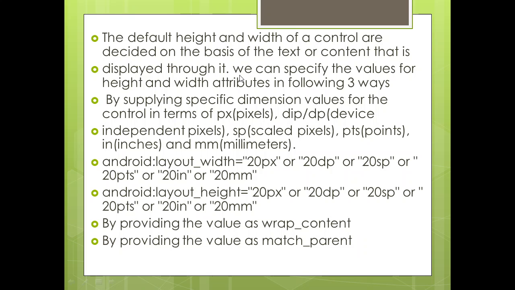We can specify values for the height and width attributes in three ways. The first is by specifying dimension values for the control in terms of pixels, device independent pixels, scaled pixels, points, inches, millimeters, etc. For example, android:layout_width equal to 20 px or 20 dp, where dp is device independent pixels, or 20 sp, 20 pt, 20 in or 20 mm.